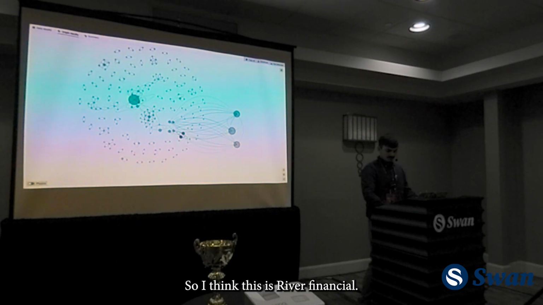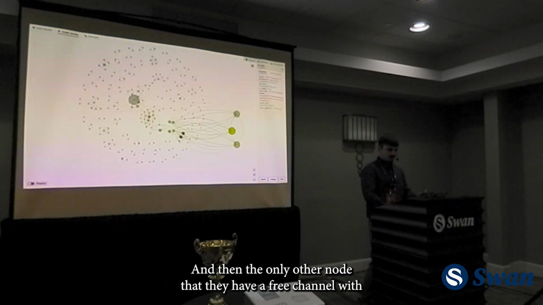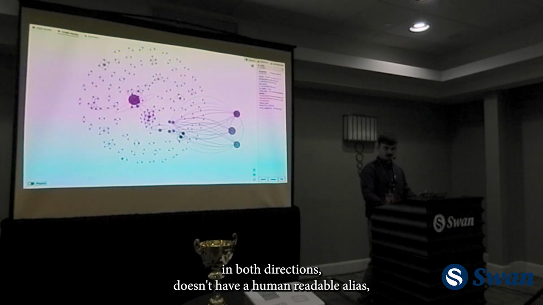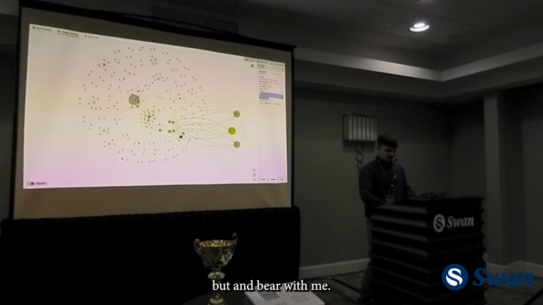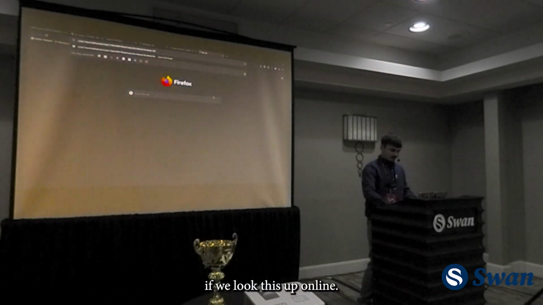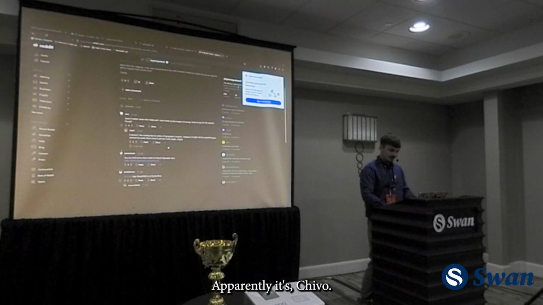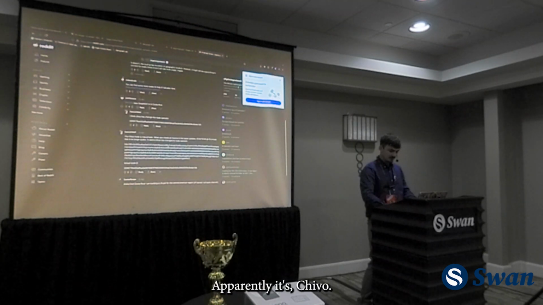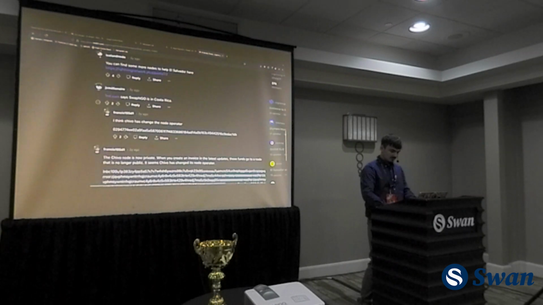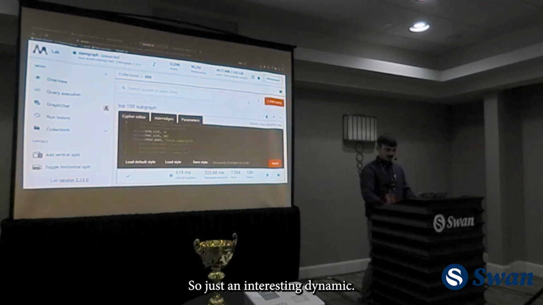Another interesting one, I think this is River Financial, and then the only other node that they have a free channel with in both directions doesn't have a human readable alias, but, bear with me, if we look this up online, apparently it's Chivo. So just an interesting dynamic.